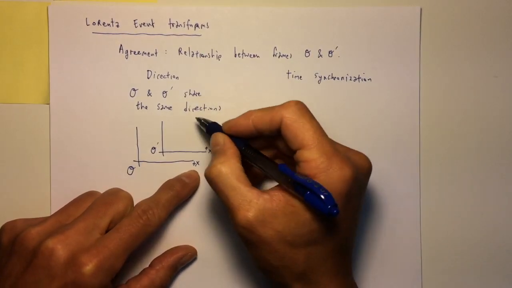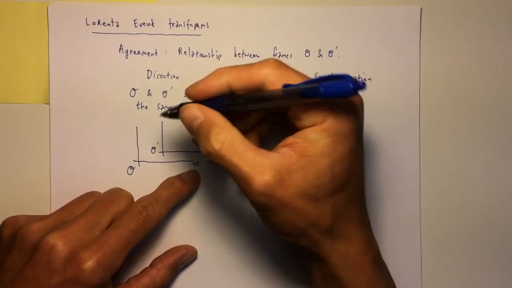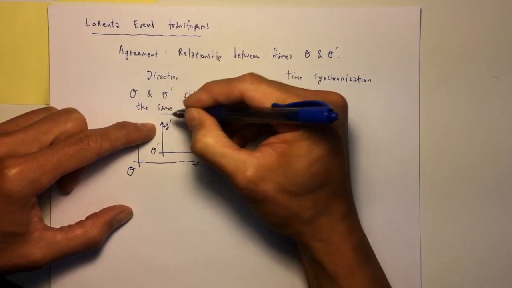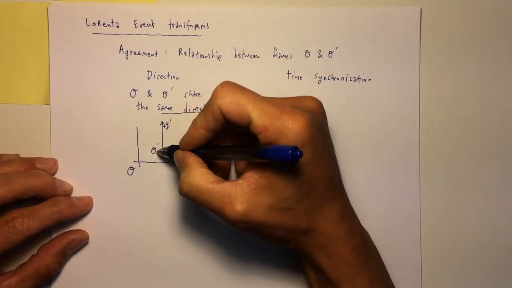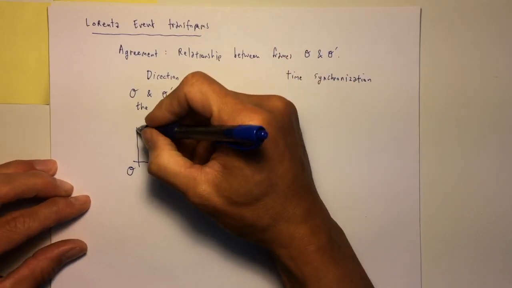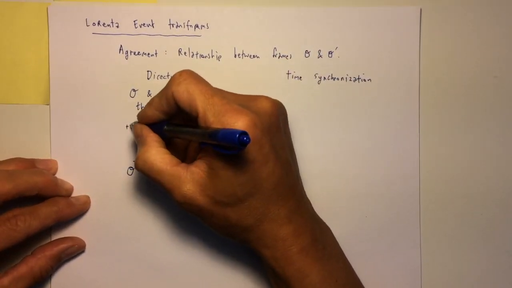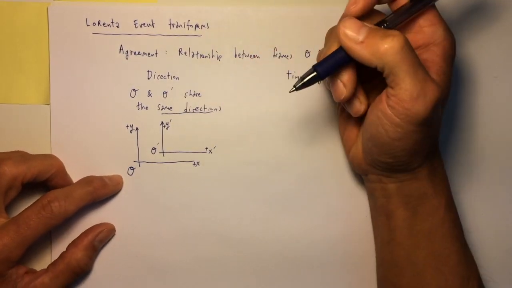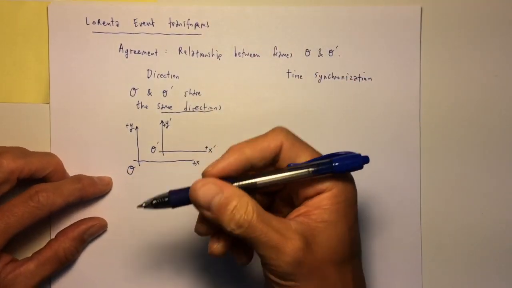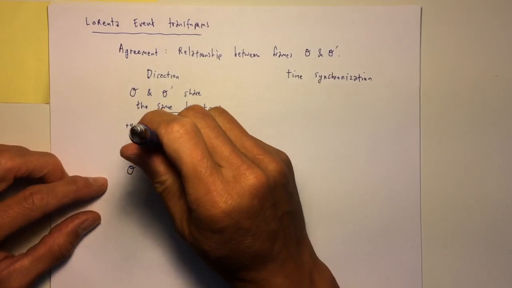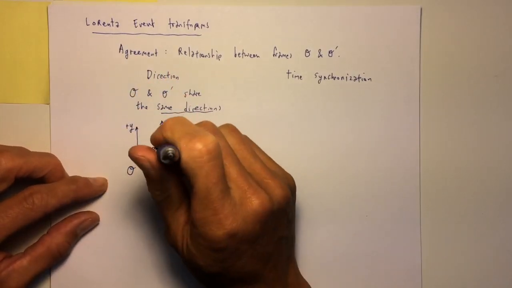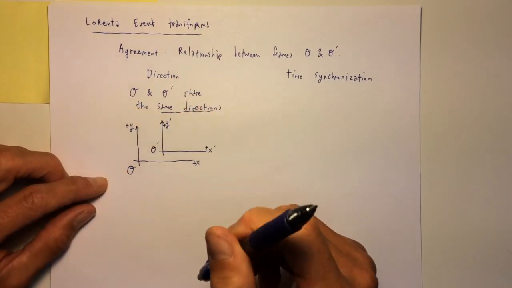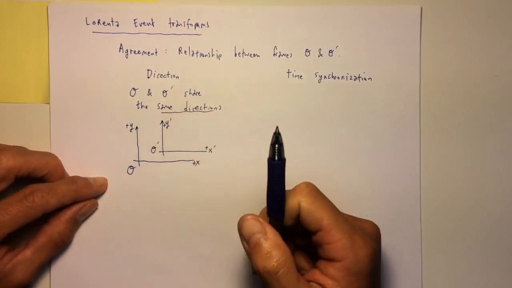So those are lined up. They are the same directions. If this here is the positive y prime axis of the O prime frame, then this is the positive y axis of the O frame. So the same directions. Likewise, the z-axis points up out of the page. So that's the z prime, and this is the z-axis of O. So that they are parallel.